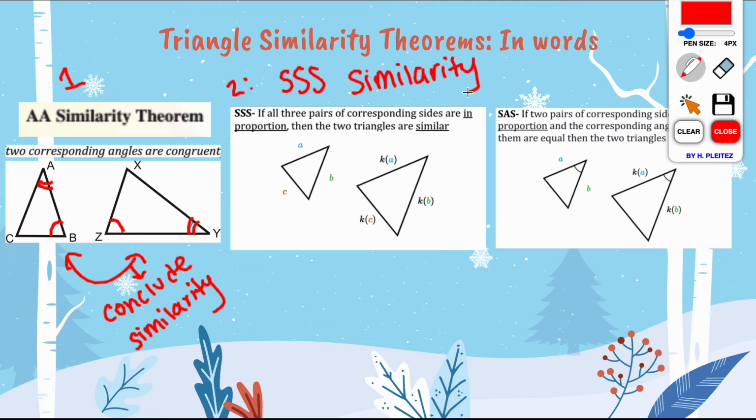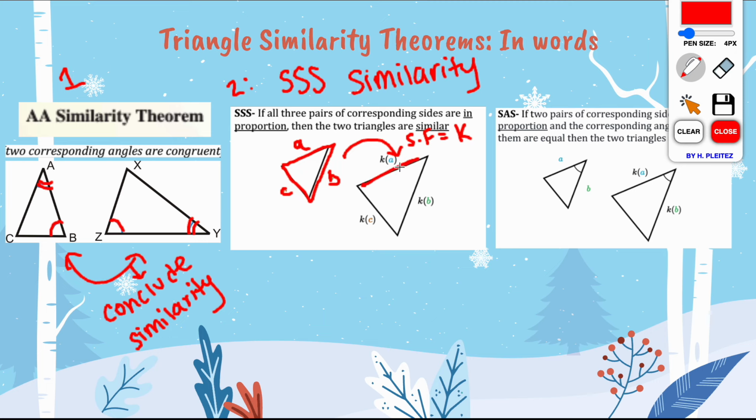Remember, when 2 sides are proportional, there's usually a scale factor. To break down this diagram, we have 3 sides. We have triangle A, B, and C. To get to this triangle, there is some scale factor that we're multiplying by, and in this case, we're saying that scale factor is k. So k can be whatever number. It can be 1, 2, or 3.